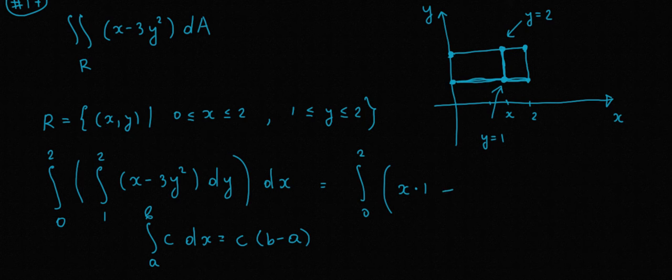Now for the second part, we need to use the antiderivative, and the antiderivative of 3y squared is y cubed. And here for the y cubed term, we will plug in our limits of integration, 1 and 2. And then the result will be integrated over x from 0 to 2. Okay, very good.